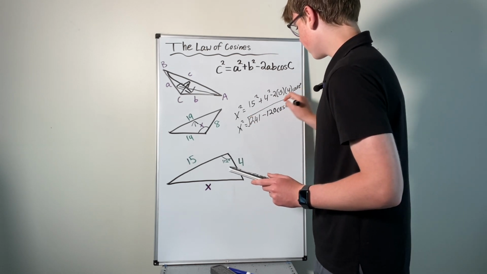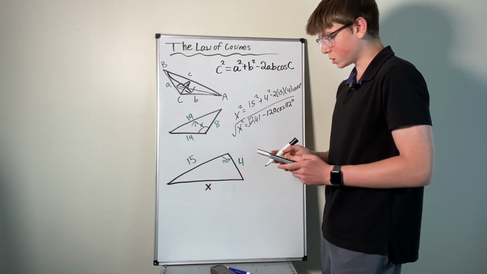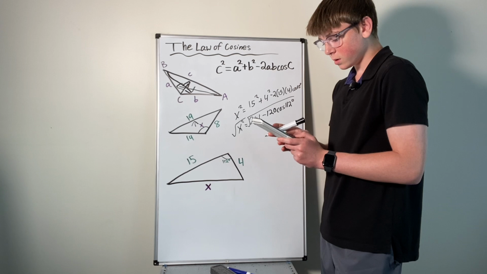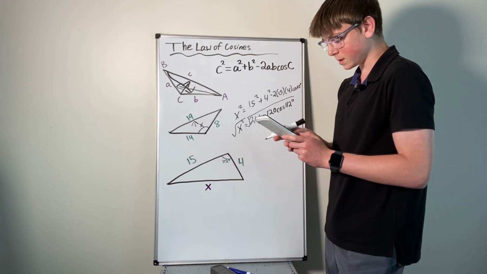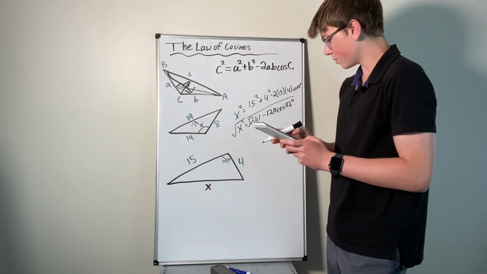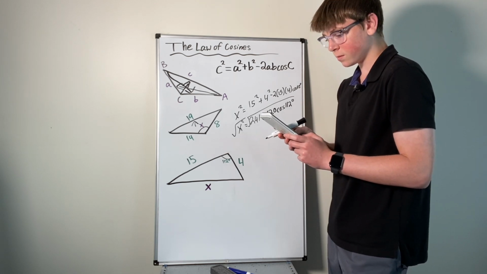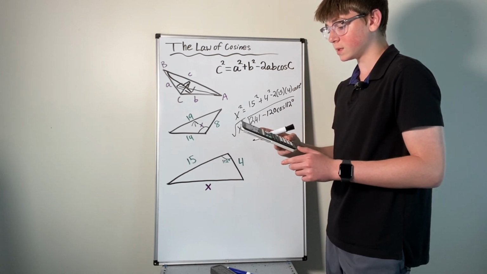So now we're just going to square root both sides. So you're going to do the square root of 241 minus 120 cosine 112, in parentheses. Okay, let's see.